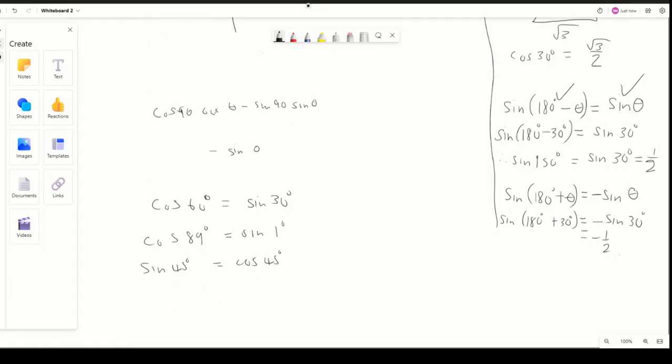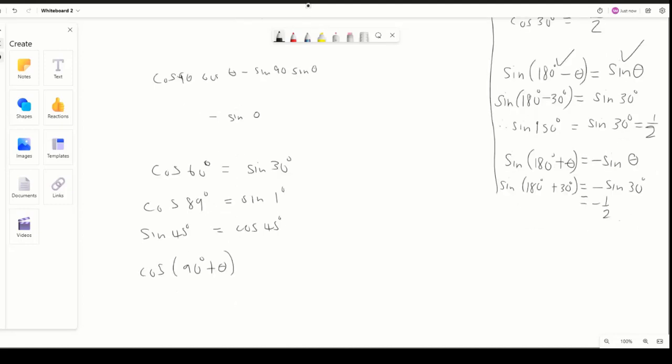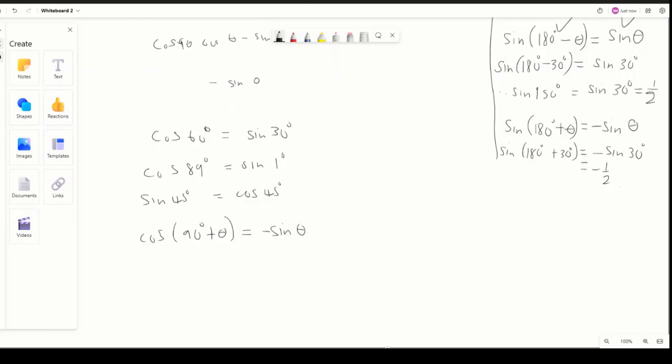They are cofunctions. So if you say to me cos of 90 plus theta, there's another way of doing this. So they are cofunctions, so we say it's minus sine theta, right? You will see that these angles add up to 90. So another way of thinking of this is as follows.